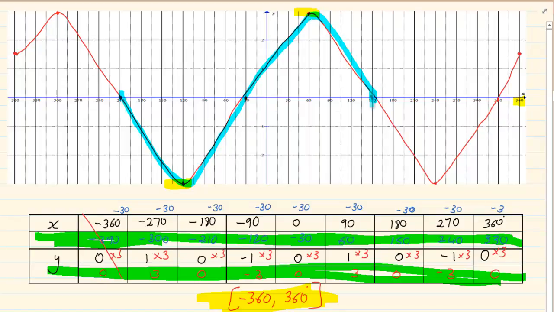Now, what is the degrees between those 2 points? Now, you see, from minus 210 to 150. So, if you take 210 plus 150, you will get 360, because look, from minus 210 to 0 is 210 degrees. From 0 to 150 is 150 degrees.